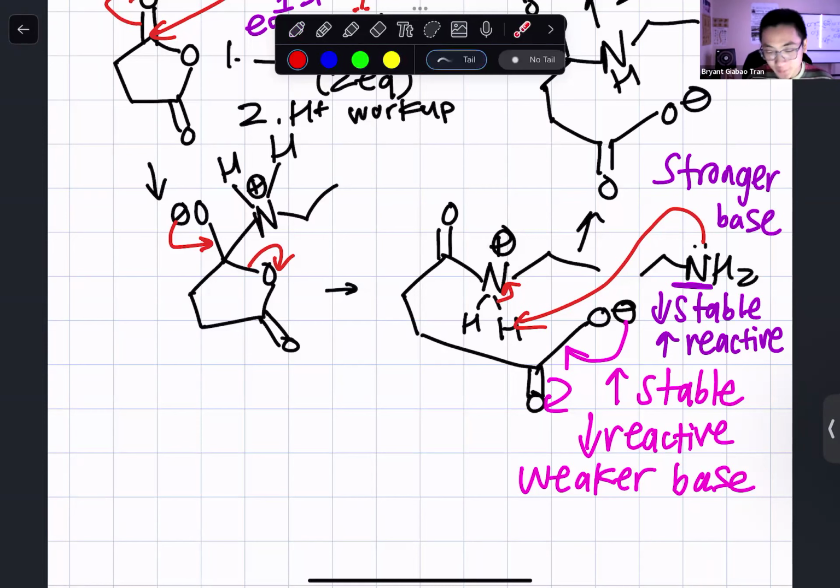So you are technically correct. This O minus here can be used to deprotonate the nitrogen intramolecularly, but it's going to happen 1 out of like 100 or 1,000 times, right? Because the other 100 or 1,000 times, the amine is going to be the stronger base that overpowers the carboxylate as a base. Right. Yeah. Okay.